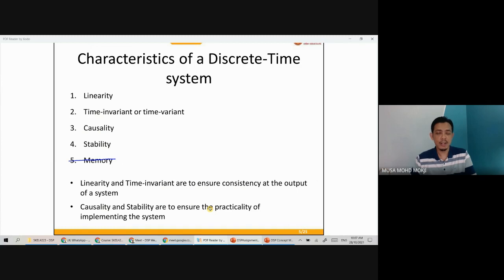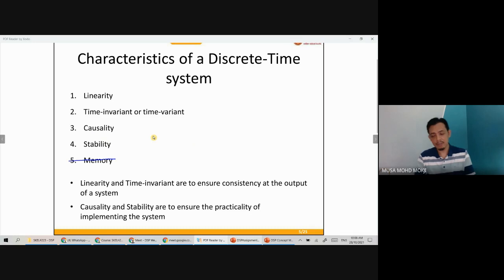I think there were several courses you have taken before that already discussed causality and stability, whether you remember it or not, because those courses looked at systems. Whenever you have a system, we need to check causality and stability.